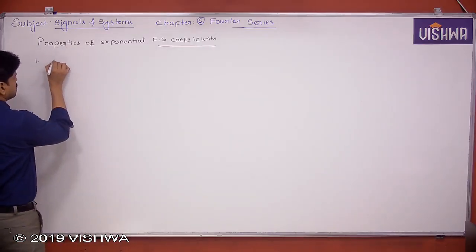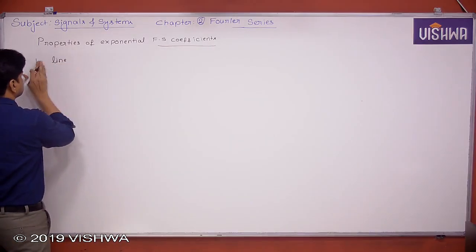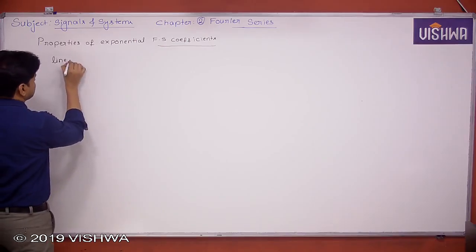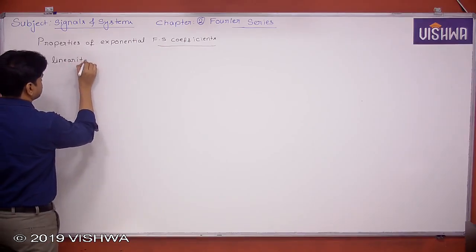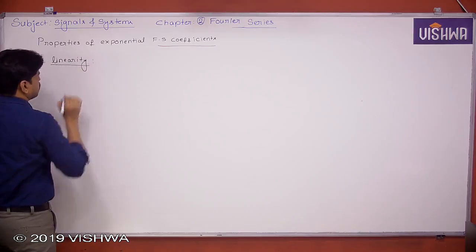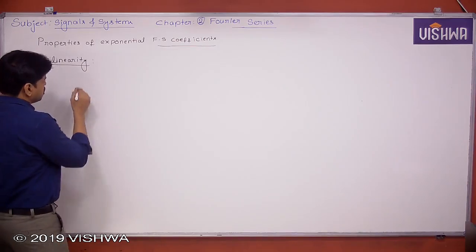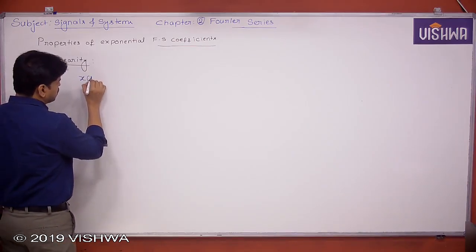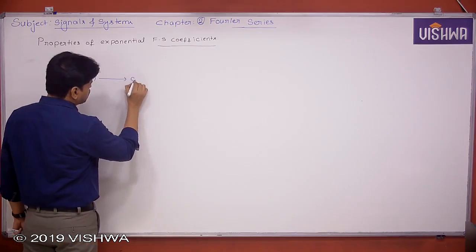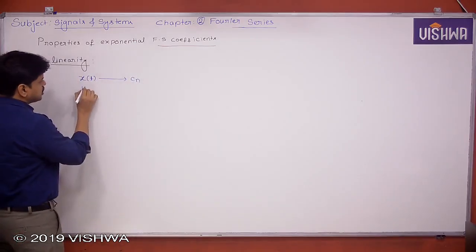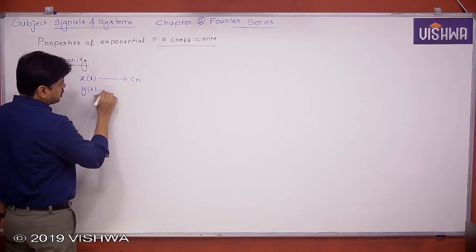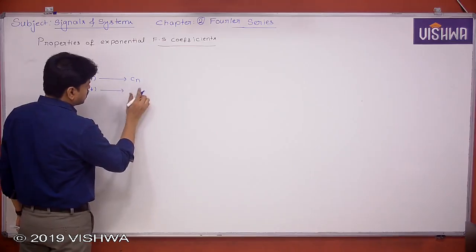First property, linearity. What is the linearity property saying? Suppose a signal x of t has Fourier series coefficient Cn, and another signal y of t has Fourier series coefficient dn.